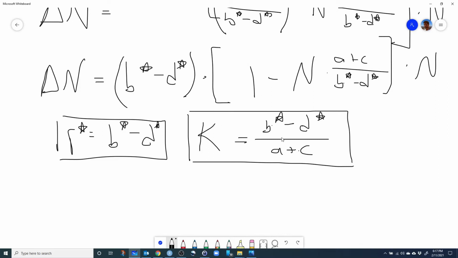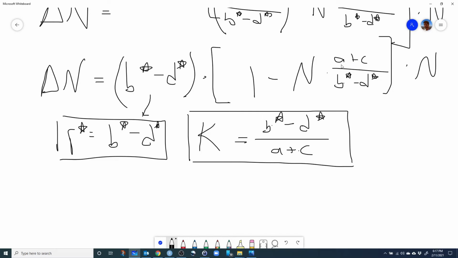And so if we use these two simplifications, B star minus D star is equal to R, so we're going to replace that with R max or R star, and we're going to replace this with 1 over K. So this is just reversed. This A plus C is now on the bottom here, on the top here. So these are just reversed.